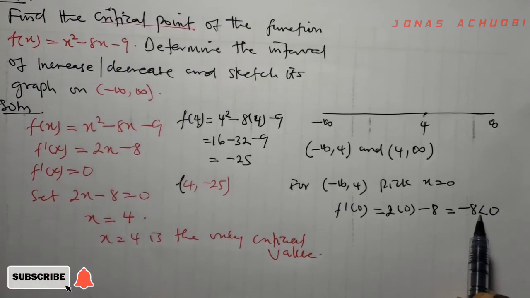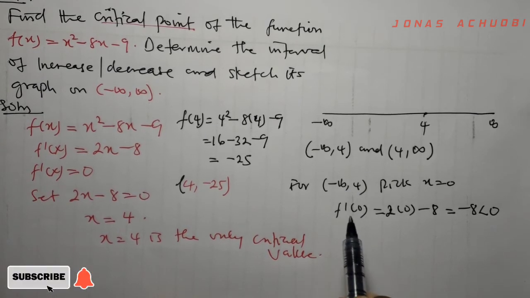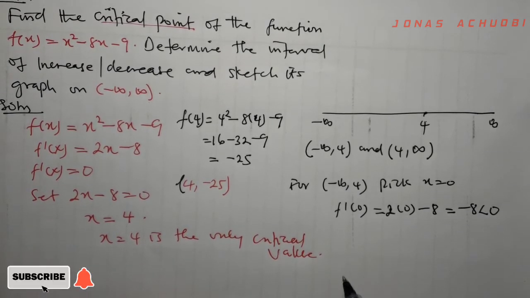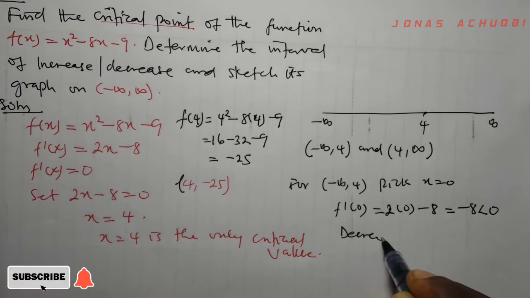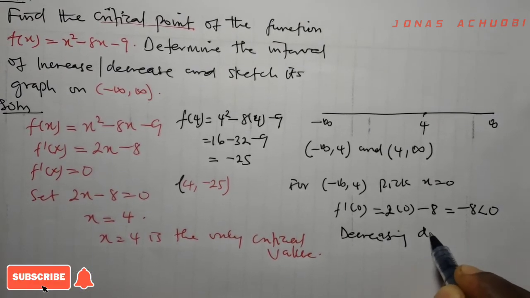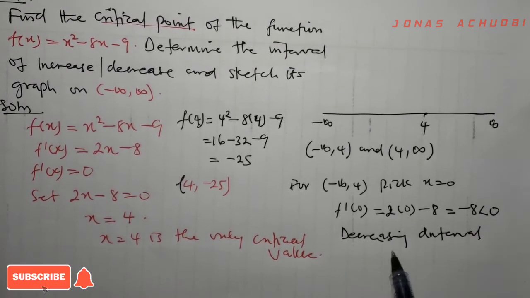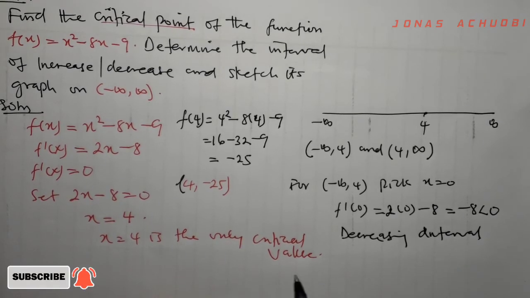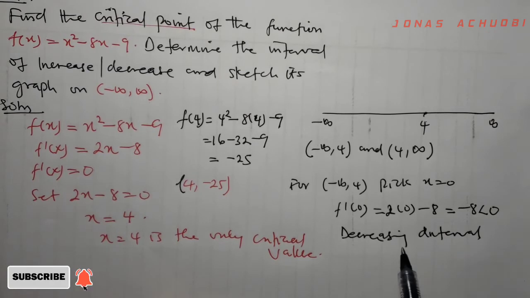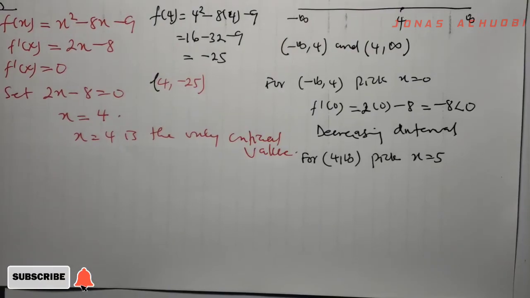And if the slope is negative on an interval, what does it make that interval? It makes that interval a decreasing interval, since in this interval the slope at all points is less than 0. We do the same for the second interval.